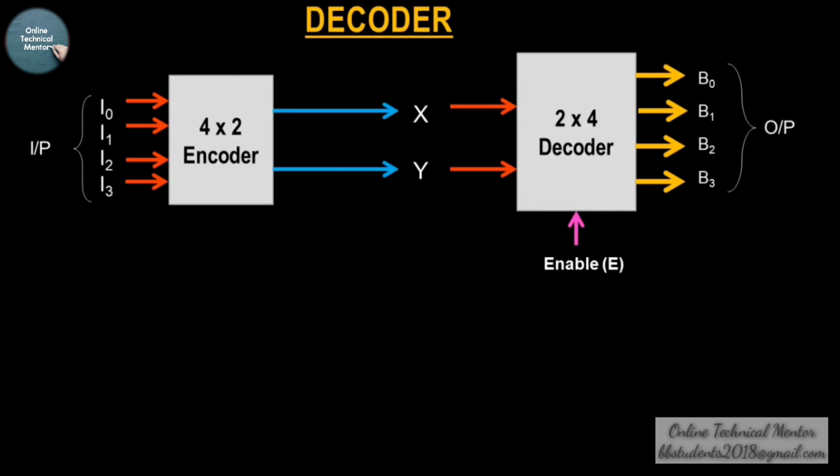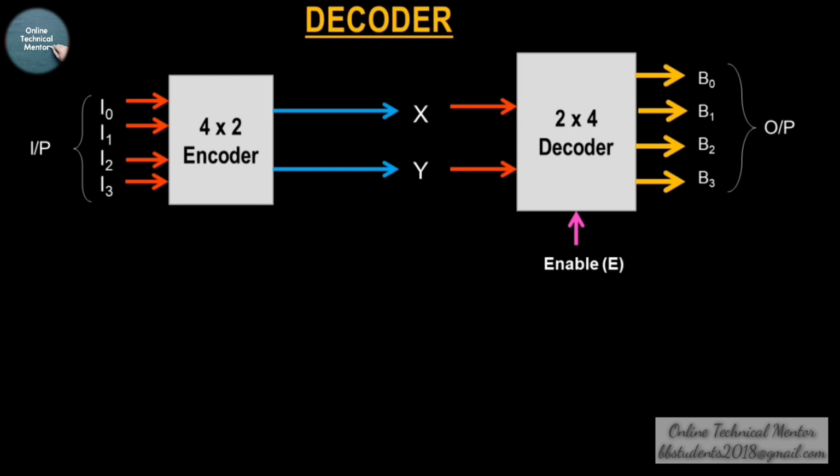Now, the data which are encoded by an encoder will now going to be decoded by a decoder circuit. That's mean the output of an encoder will be now the input of a decoder. Since it has 2 outputs for a 4 cross 2 encoder, so there will be 2 inputs for a 2 cross 4 decoder.